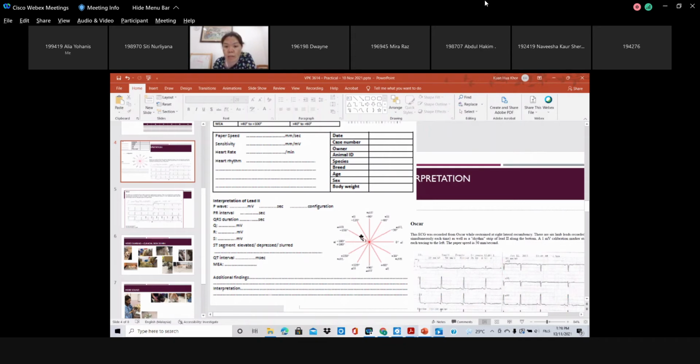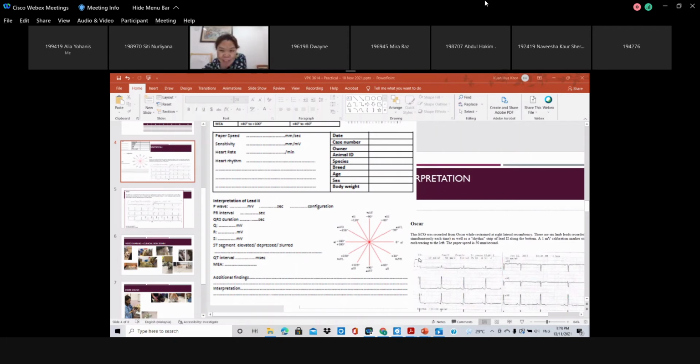What did you all get? Come. Is it mean electrical axis to the left or to the right? What did you all get? Siti, what did you get? Okay, I ask Navisha. Navisha, what did you get?